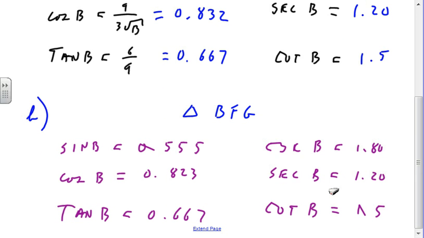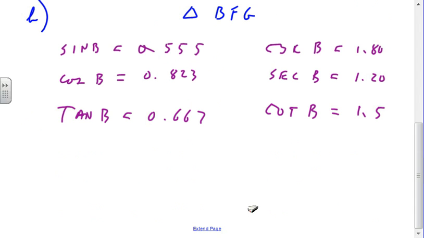Okay, anybody object to that? We should check one, right? Just to make sure. All right, so we'll go back to the tangent of B, which has to be the opposite side over the adjacent side, 8/12.